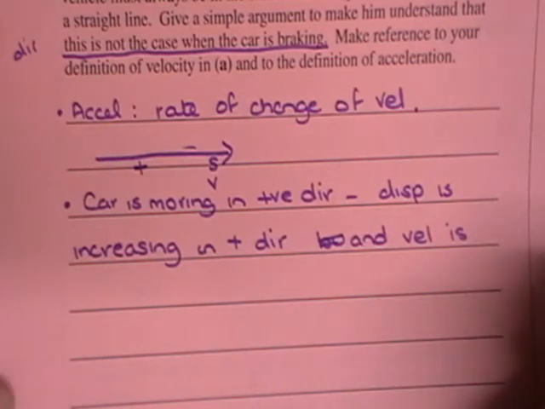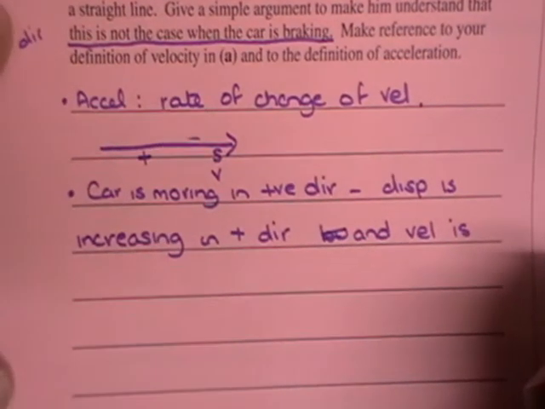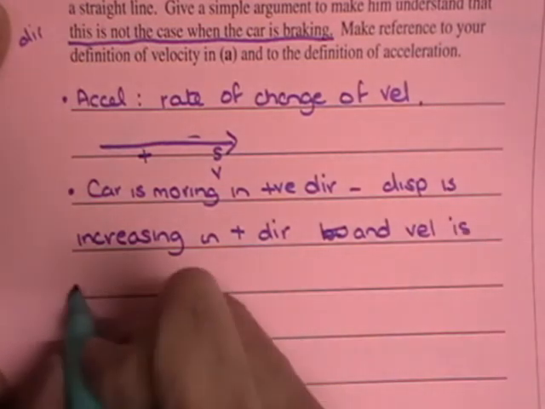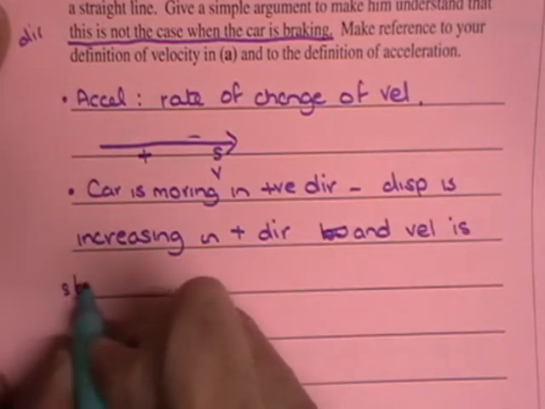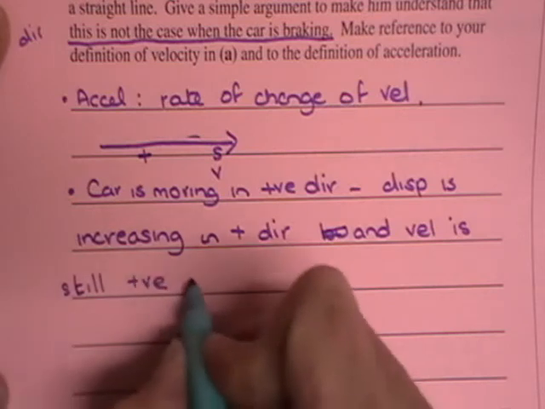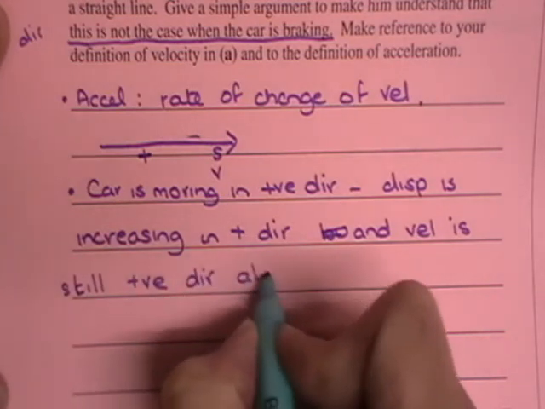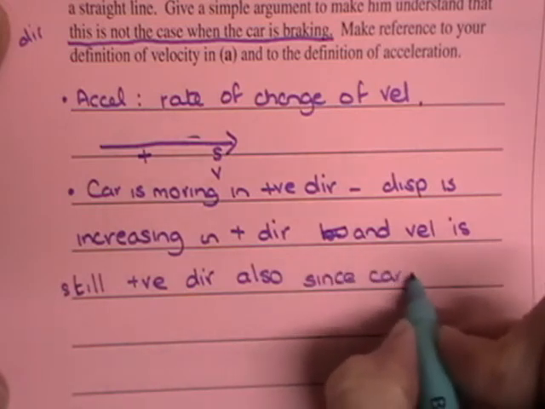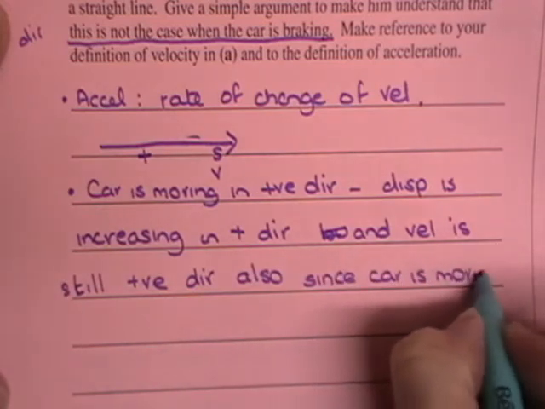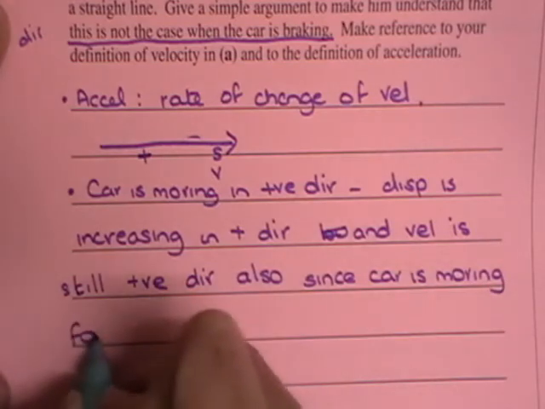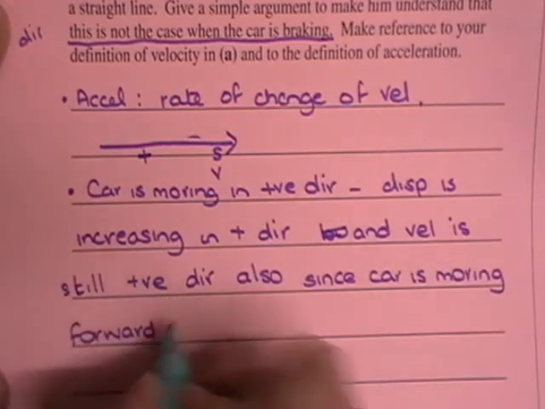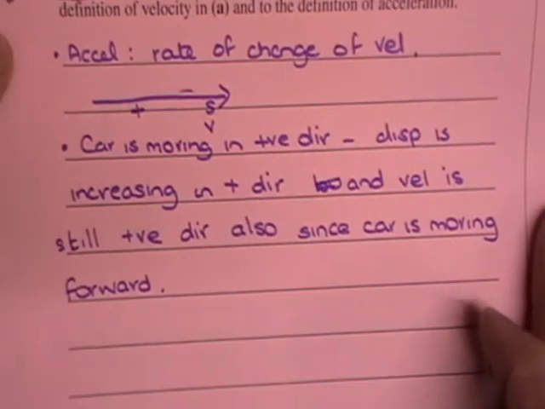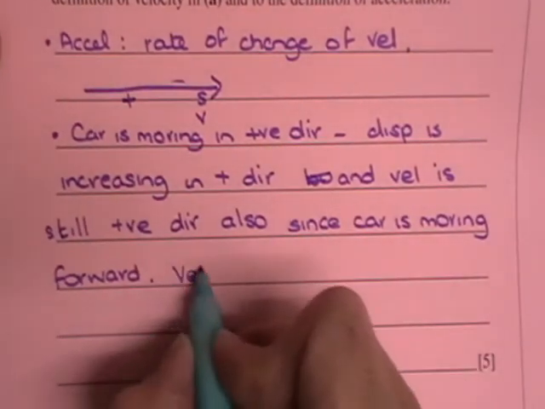Not necessarily increasing, it's obviously decreasing in this case, but it's still in the positive direction as well, since the car is moving forward. Right. However, the velocity is decreasing.